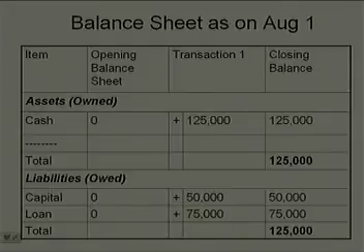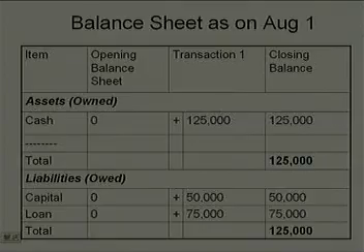Increase in asset towards debit side, increase in liability towards credit side. So these were some of the conventions that we had used. Now using those conventions we try to transfer these entries and try to record them in T accounts.